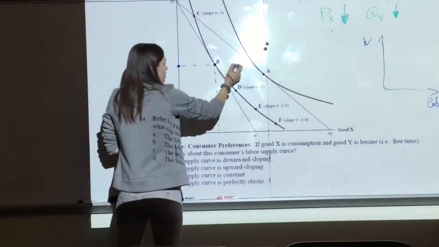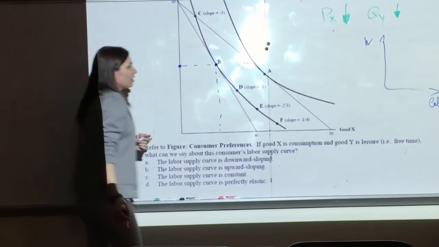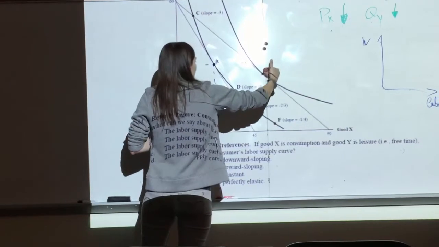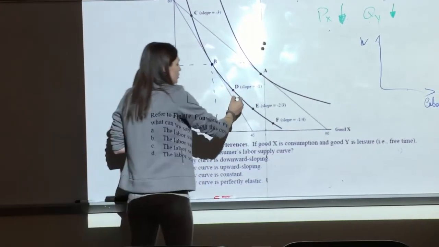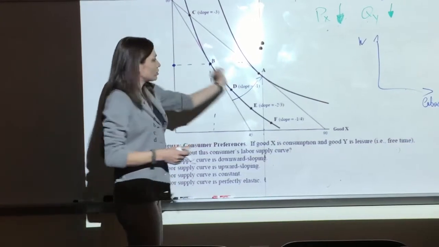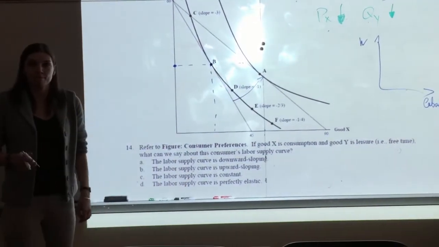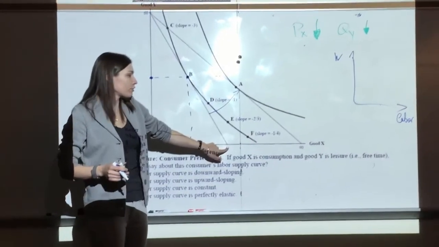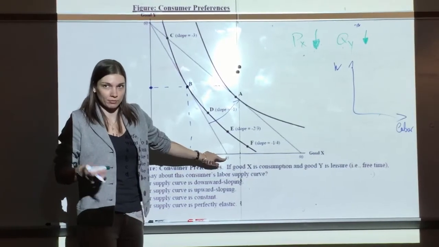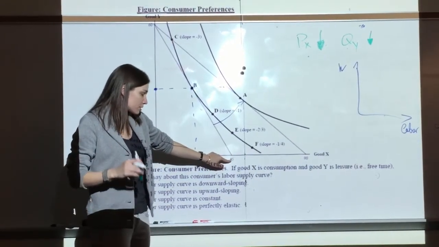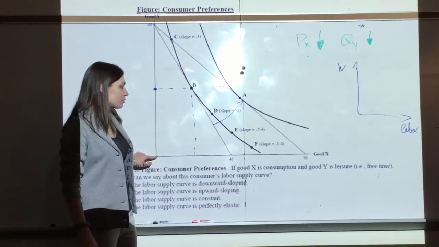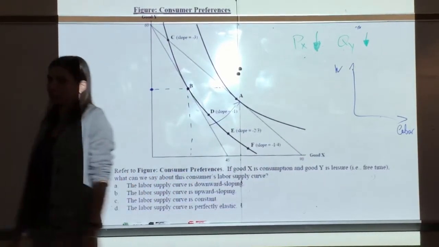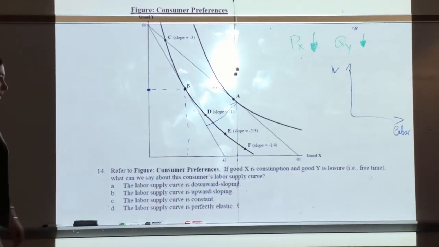And when wages go up, we're going to see a shift of the budget line similar to the one that we have here. It's going to shift counterclockwise. So if I spend all my time working, before I can buy 45 consumption units, whatever, you can think of it as a consumption bundle. Now because I get more money per hour when I work, I can buy 90 of the same consumption bundle. Does that make sense?